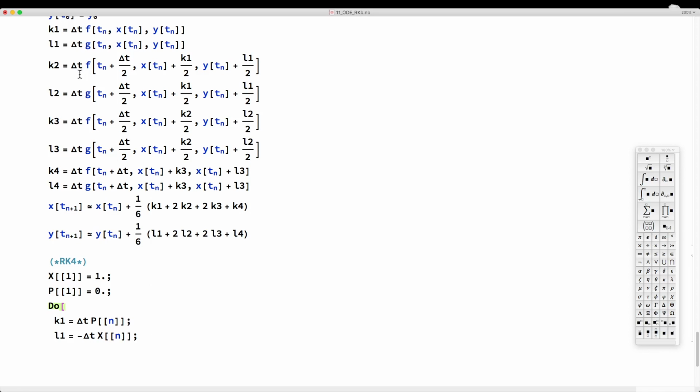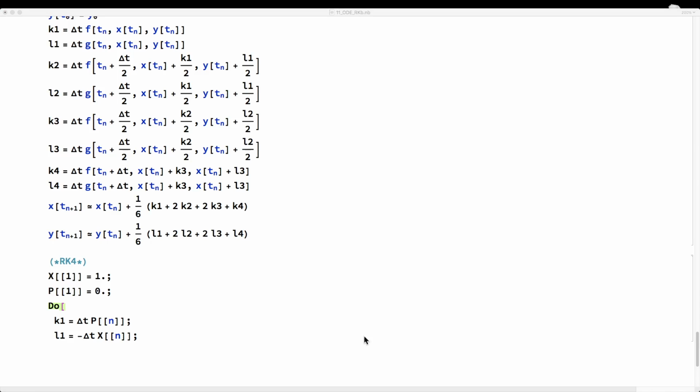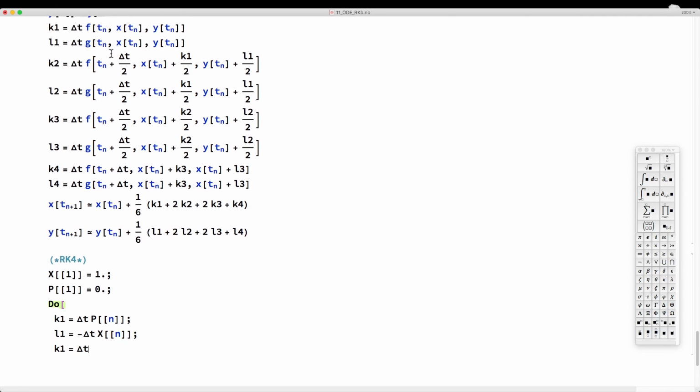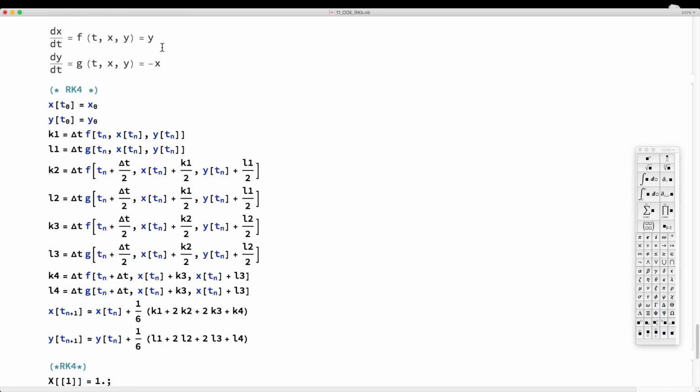And then next we need to code up k2 and L2. So k2 will be given by this expression. It will be delta t, and then f of x and y, but this is just y, which is p.